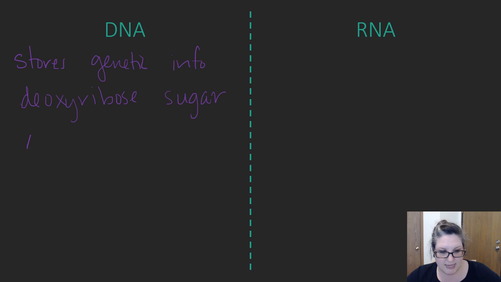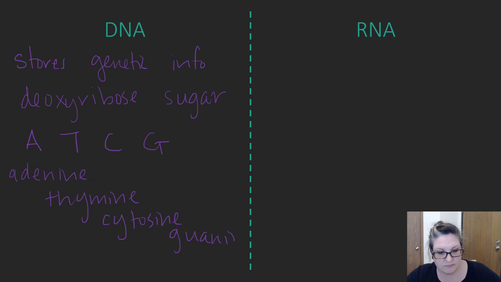It has the bases A, T, C, and G. That's adenine, thymine, cytosine, and guanine. And it's double-stranded.